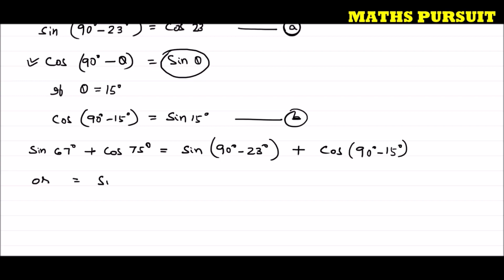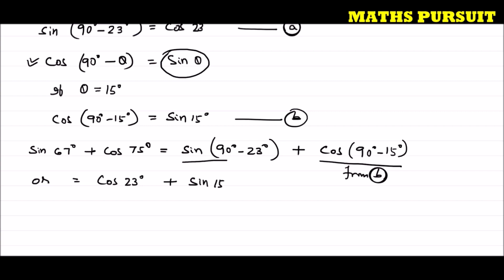That is equal to cos 23 degree from equation A. Similarly, cos of 90 degree minus theta from equation B I can write as sin 15 degree.